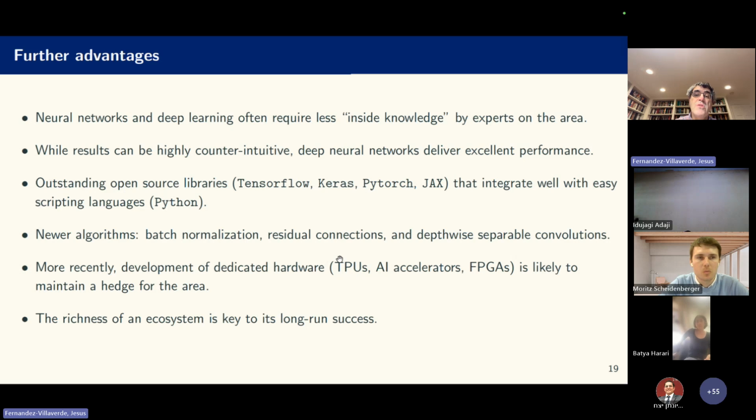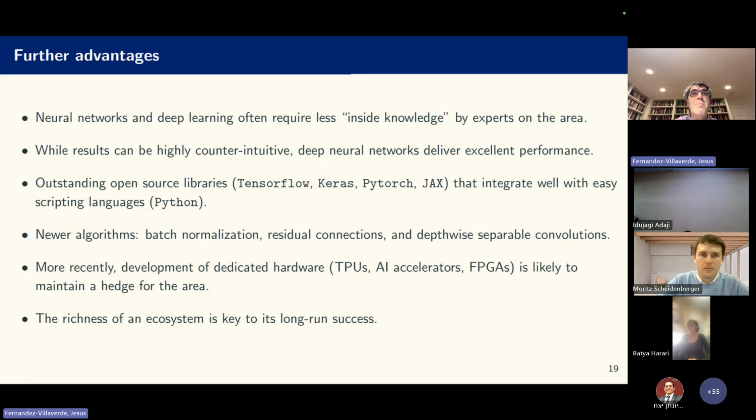And also, as I was mentioning before, the fact that we have dedicated hardware, in particular the GPUs, but also other things like TPUs or FPGAs, is going to imply that neural networks are going to keep an edge. So you can have a great approximation.